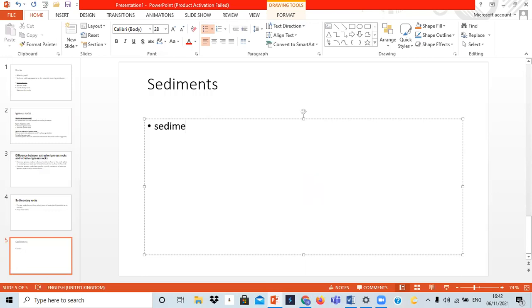Sediments are fragments of rocks that have been broken down as a result of weathering.